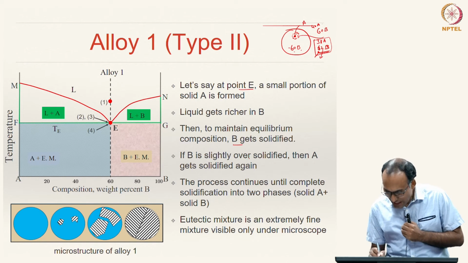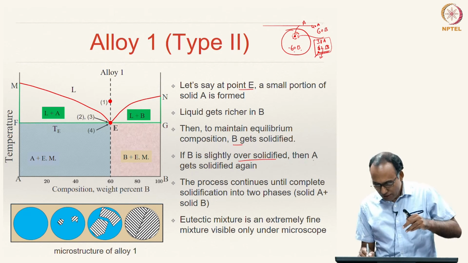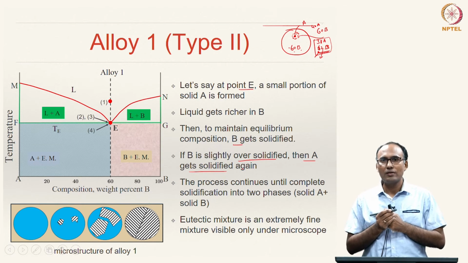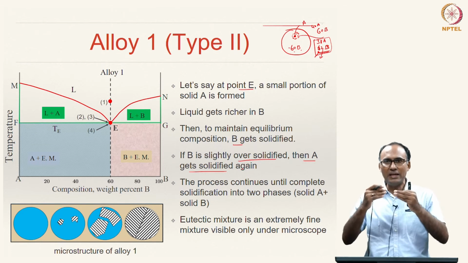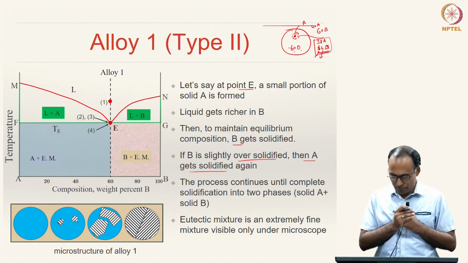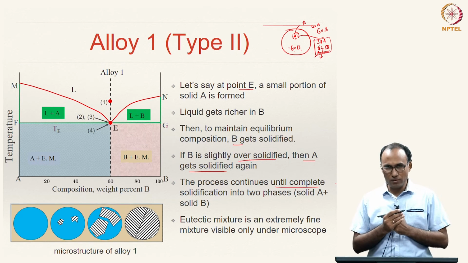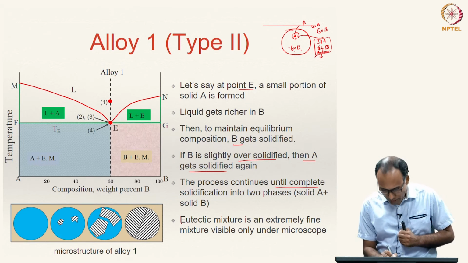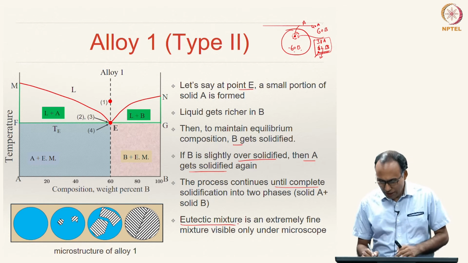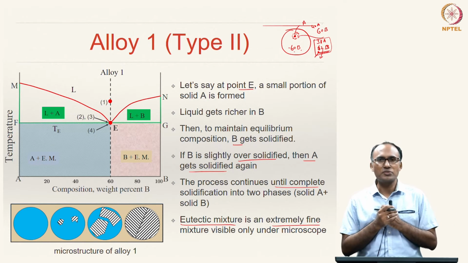So, if B is slightly over solidified, then from that liquid A gets solidified again, right. Like that A and B try to solidify one after the other in order to maintain equilibrium. So, the process continues until complete solidification happens into two phases, that is solid A and solid B. And under the microscope the eutectic mixture looks like an extremely fine mixture of two substances.